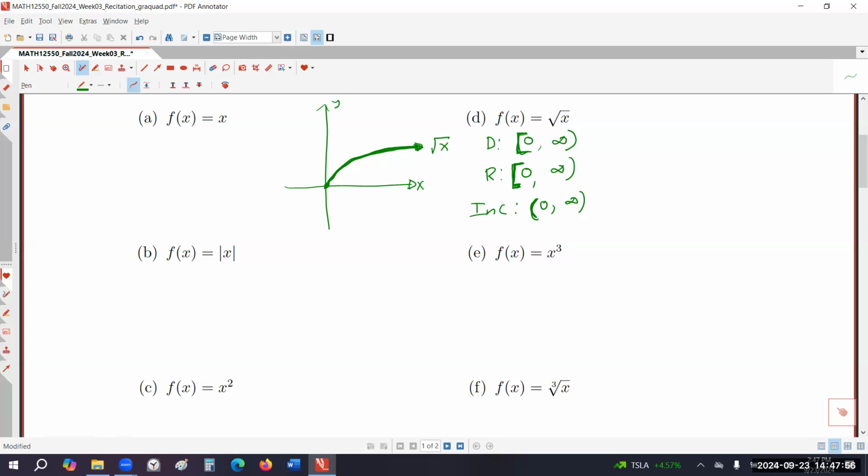For increasing, decreasing, we don't care. If you want, you can put a bracket. If you want, you can put parentheses. Okay, so in this function, are we decreasing anywhere? So for decreasing, what do we write? DNE, or none. We don't have any interval where we are decreasing.